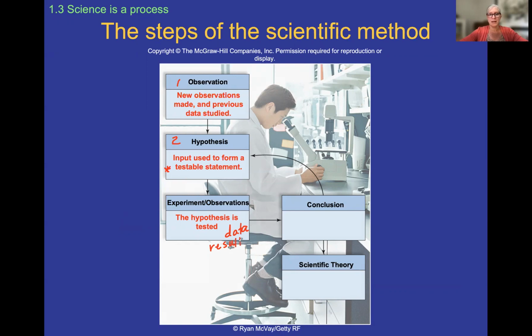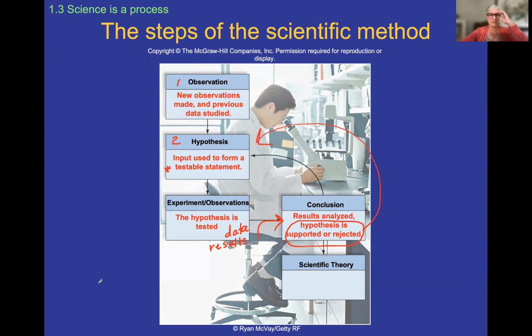All right. And then you take those results and data and you analyze those. That becomes your conclusion. Results analyzed, hypothesis is either supported or rejected, or maybe there's not enough information and you may have to circle around and revise that hypothesis.